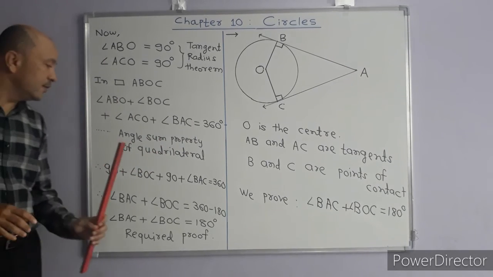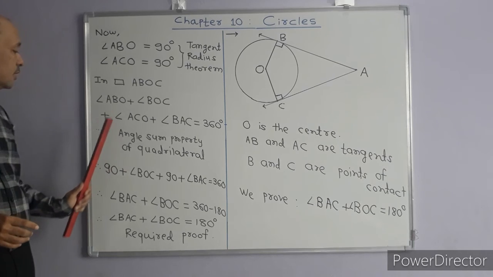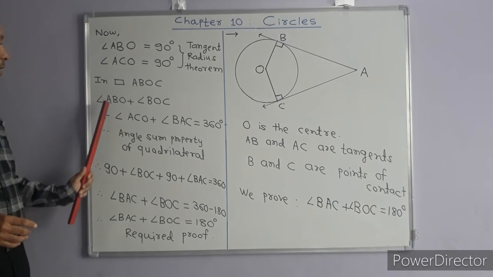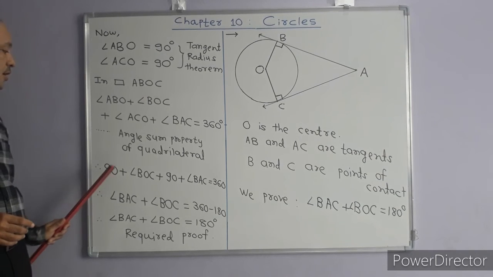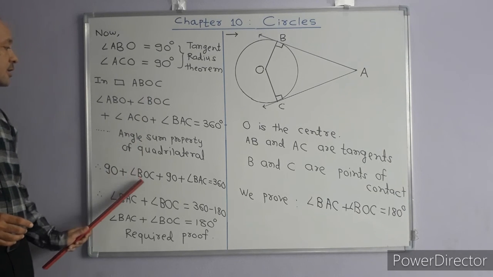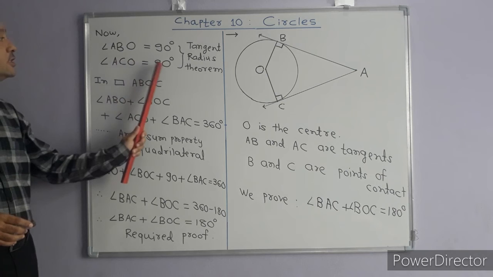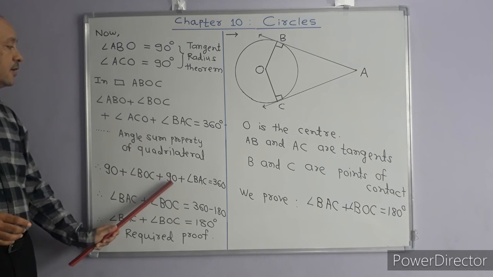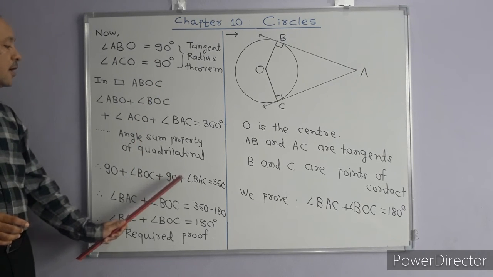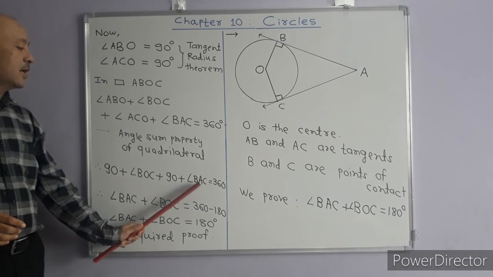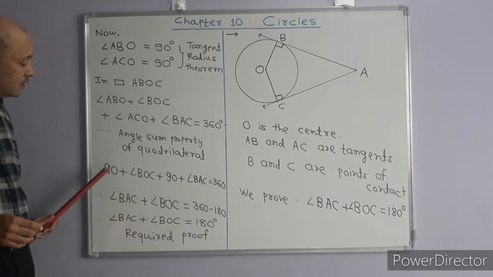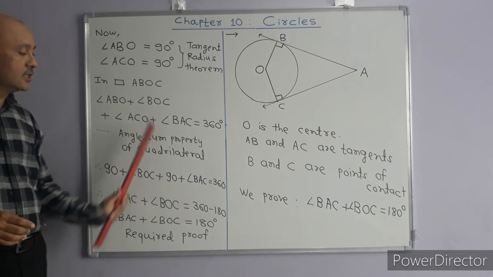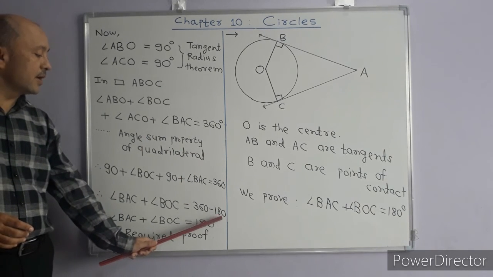Okay, so then put down the values of the angles we know. Angle ABO is equal to 90 degrees, we can put here. Angle BOC we keep as it is. Then angle ACO is 90 degrees, so that is written in place of angle ACO. And angle BAC we keep as it is. Then this 90 plus 90 will be 180 degrees, and this 180 we transfer to the other side, where it becomes minus.